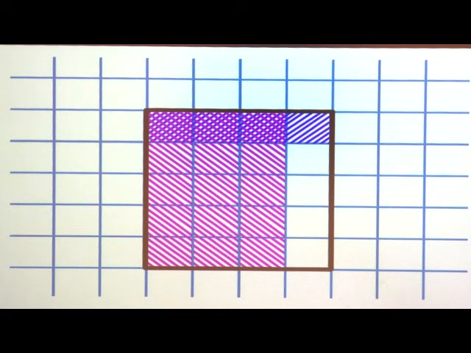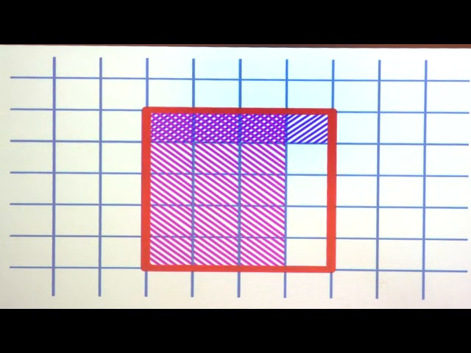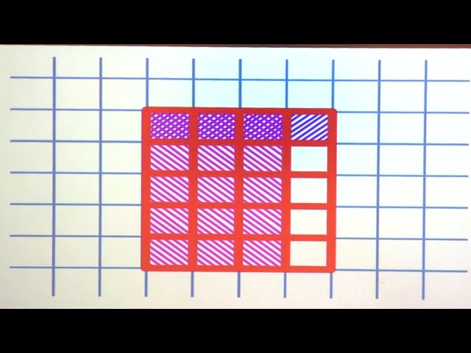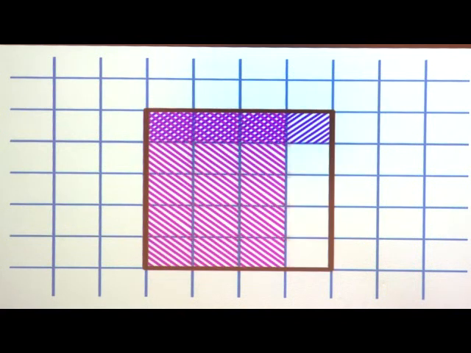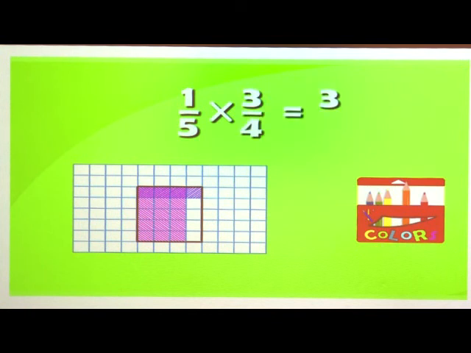Let's now observe the rectangle more closely. Total number of equal parts is 20 and the number of parts that's shaded twice is 3. So, 1 by 5 multiplied by 3 by 4 is equal to 3 by 20.